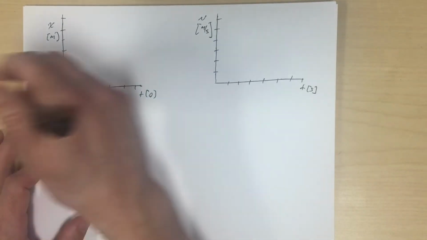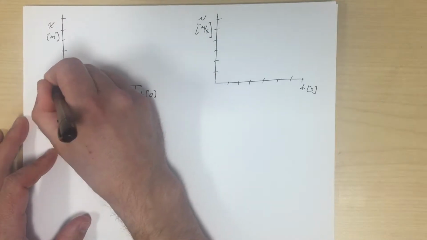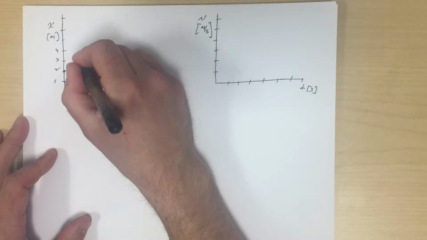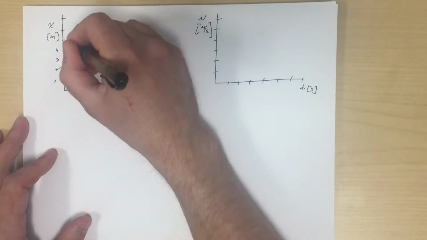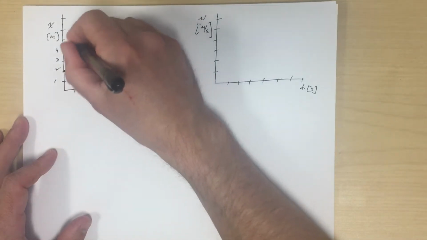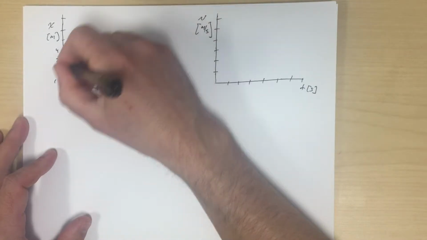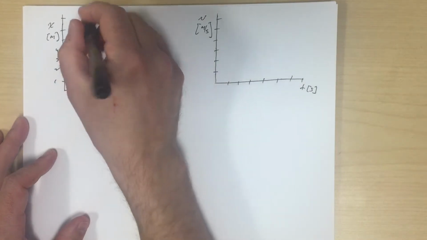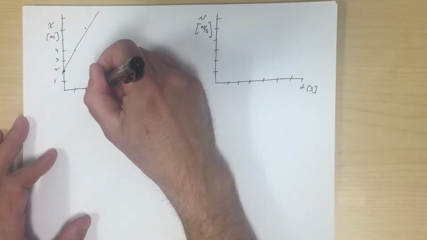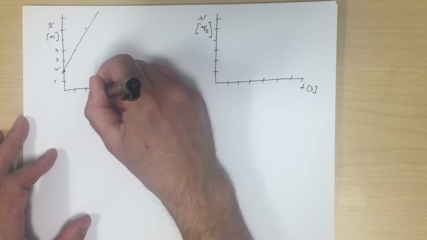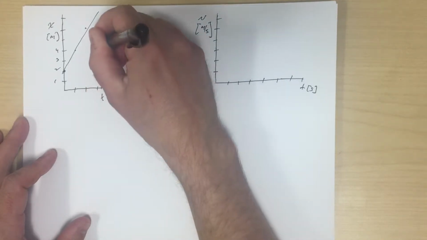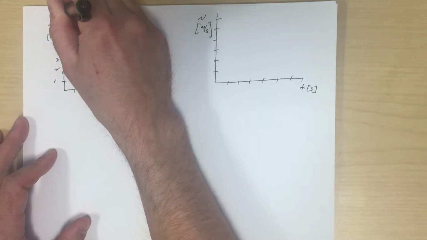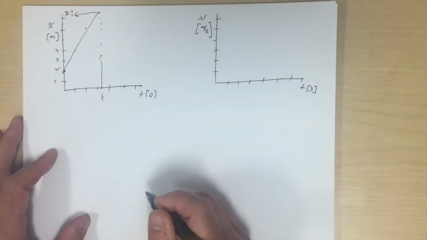If we go back to our original example, we started an object at 2 meters, and every second it increased by 2 meters. We saw that we had a straight line. At some time, we'd like to know what the position is.